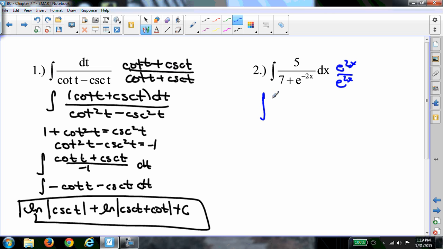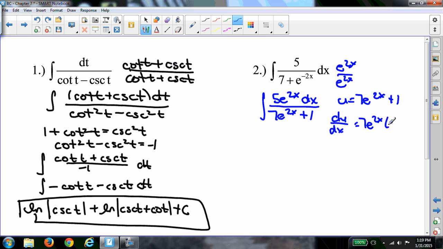By doing so, we get 5e to the 2x dx in the numerator. In the denominator, when we distribute, we get 7e to the 2x plus 1, because e to the negative 2x times e to the 2x is 1. Now, if we let u equal 7e to the 2x plus 1, and take the derivative, we get du dx equals 7e to the 2x times 2.